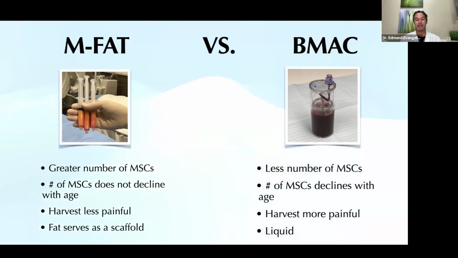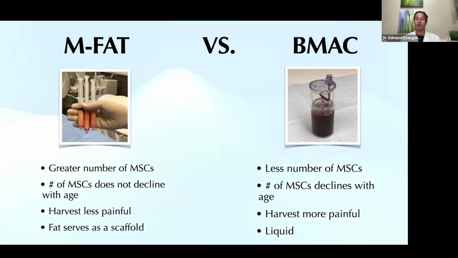And then probably I think the biggest reason why fat is a huge game changer for treating these larger tendon tears is that when we inject that fat into a large defect of the tendon, so into a larger tendon tear, that fat will actually fill the gap and provide a scaffold for the cells to potentially heal that tendon tear.